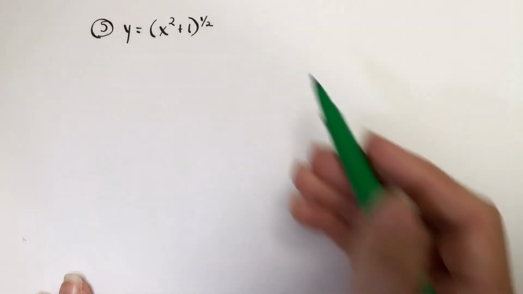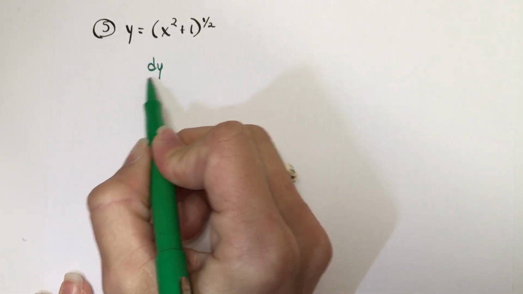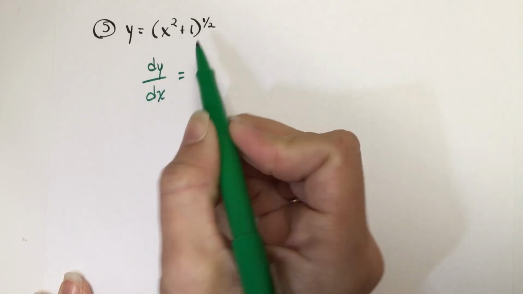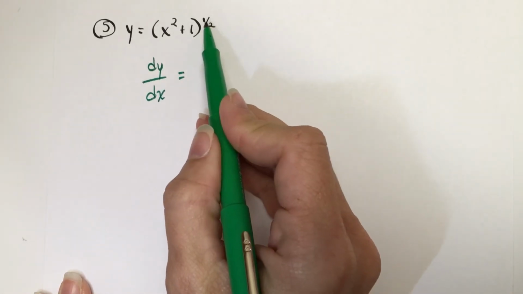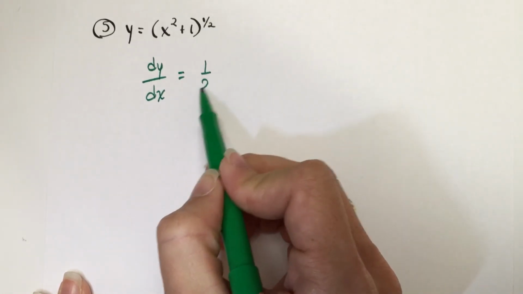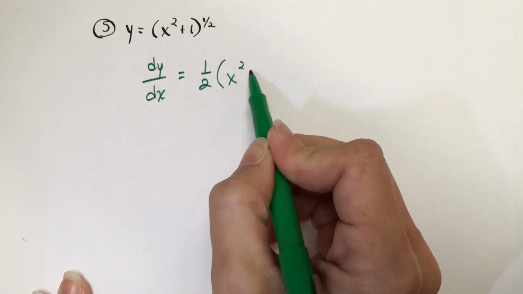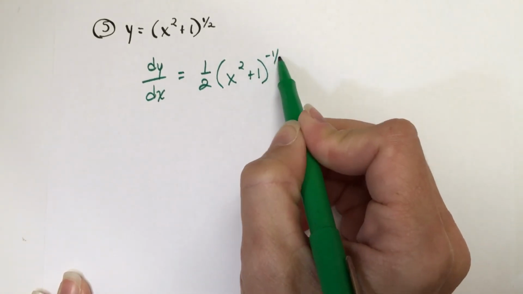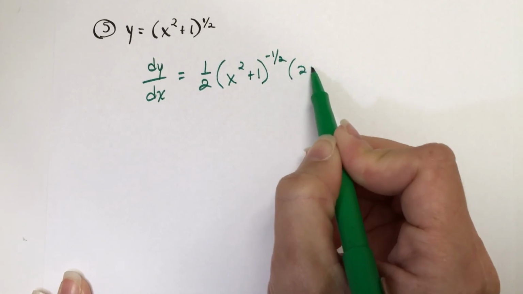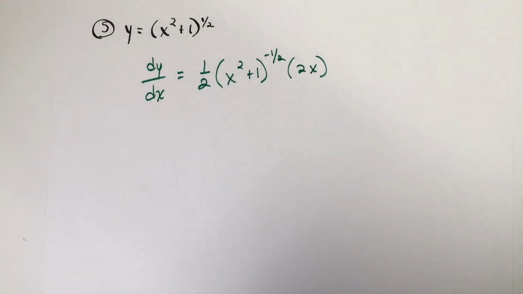All right, so taking your derivative here, you're going to start off with your power rule, because you've got the 1/2 power, so you'll have 1/2 times your function to 1 less power, but then you have to apply the chain rule and take the derivative of the inside. So the derivative of x squared plus 1 is, of course, 2x.